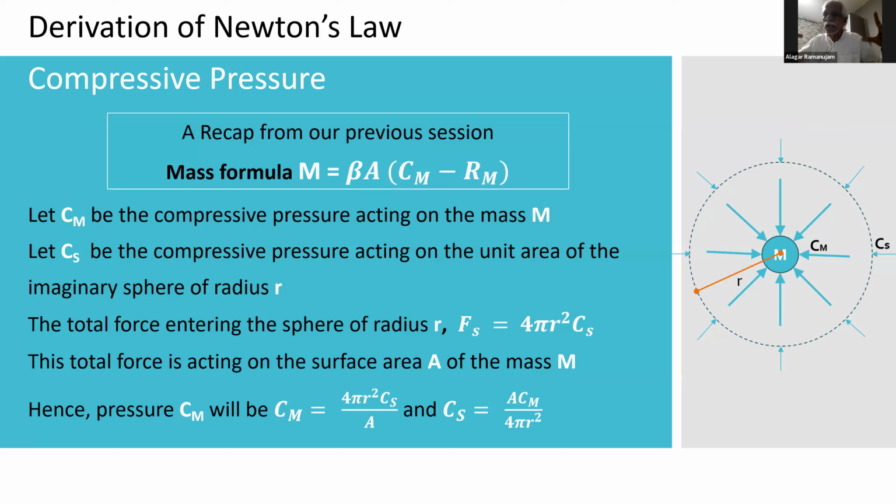Because the space is converging, we consider an imaginary sphere of radius r, and on it we take a unit area. How much will be the inward pressure on that unit area taken on the surface of the sphere?